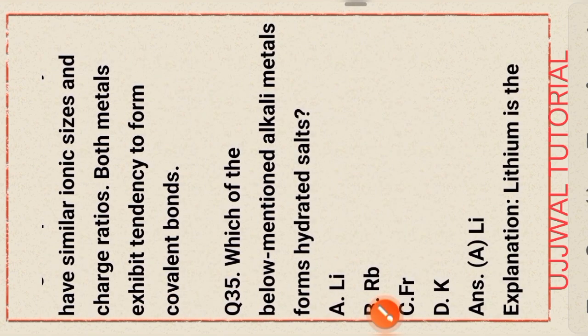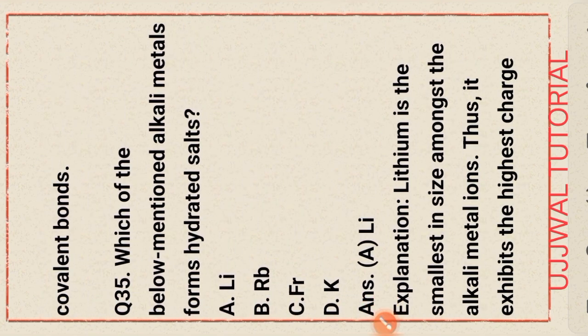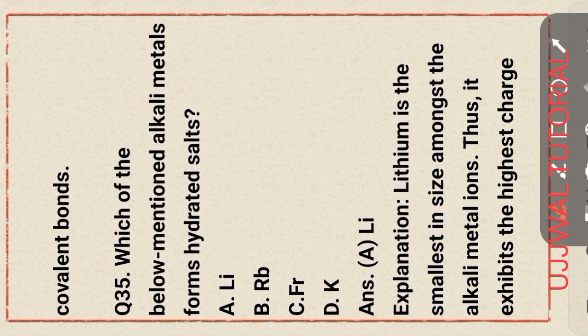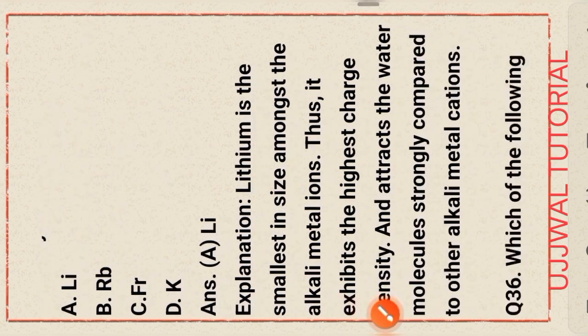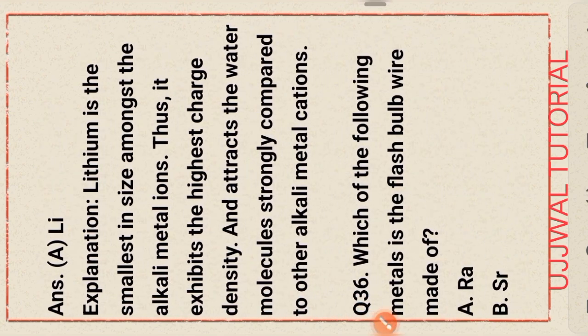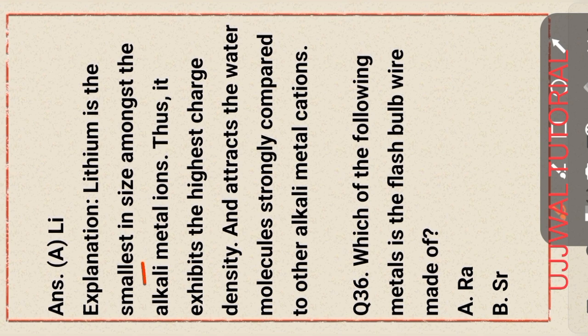Okay. Next question 35. Which of the below mentioned alkali metals forms hydrated salt? Lithium. Due to the explanation for this part, lithium is the smallest of the alkali metals.